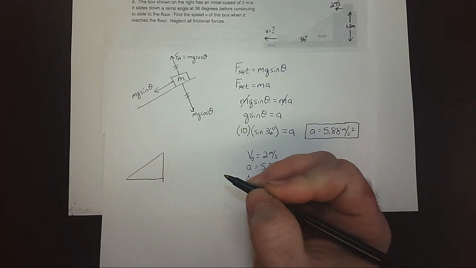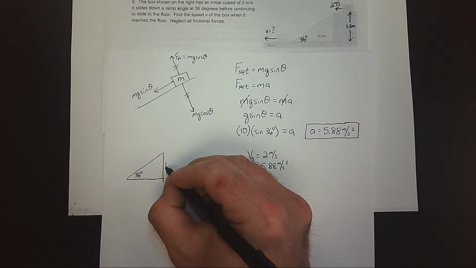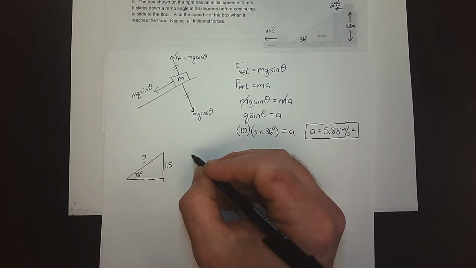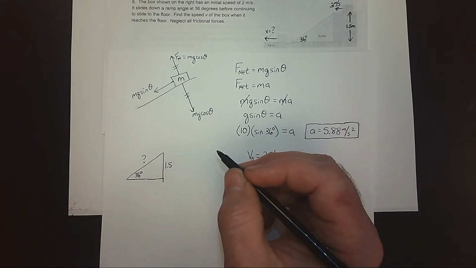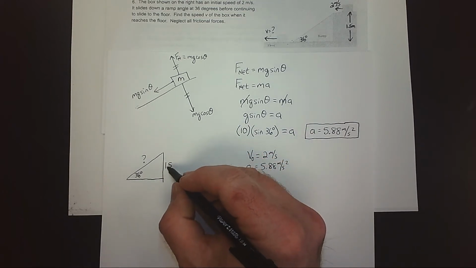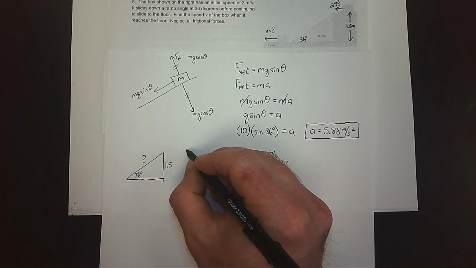If we just turn it into a right triangle like that with 36 degrees, and this is going to be 1.5, we would like to know what is the hypotenuse of this triangle? If you pick out the right trig function, you've got the opposite, you want to know the hypotenuse, you've got the angle, you're going to be using sine.